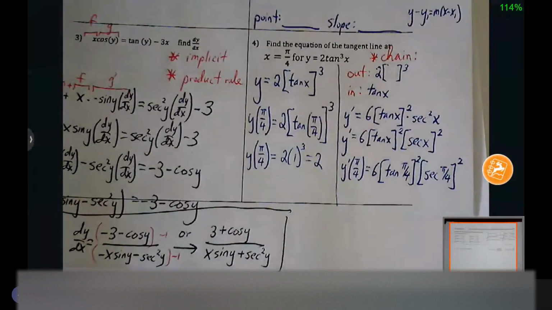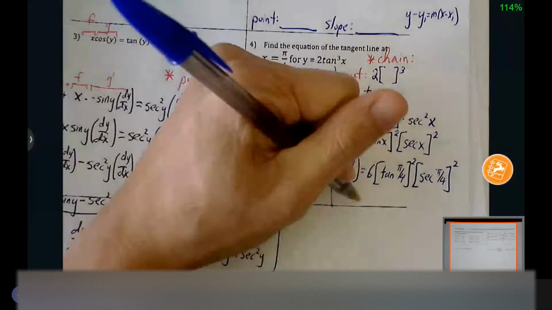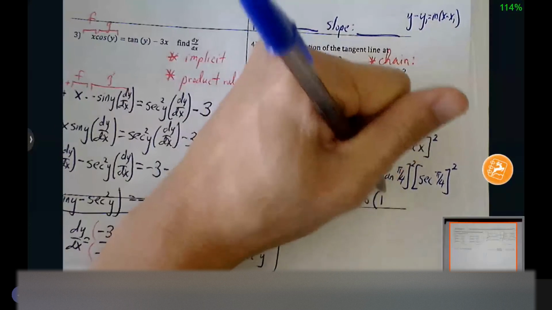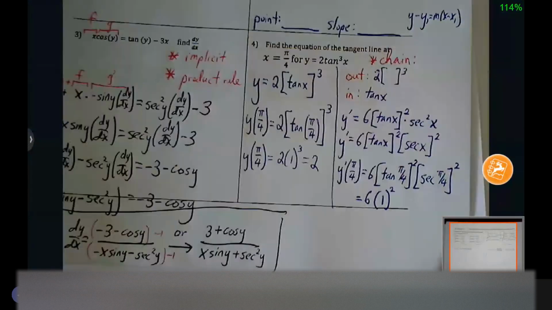Okay, all right, let's think about these values here. Tangent of pi over 4 is 1. 1 squared is just 1. All right, secant of pi over 4.